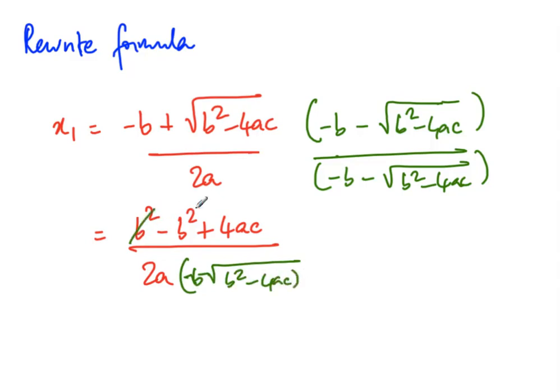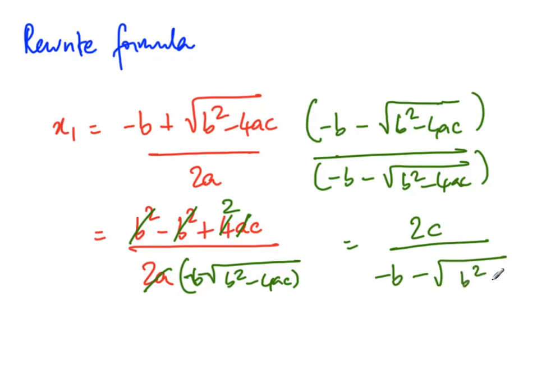So the b squared will cancel, and what I end up with is 2c upon minus b minus the root of b squared minus 4ac.